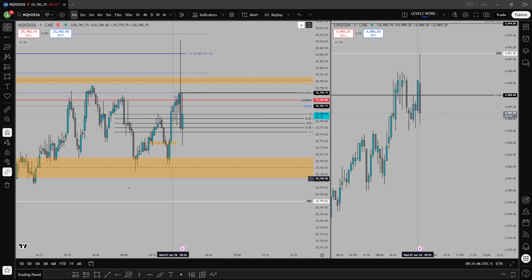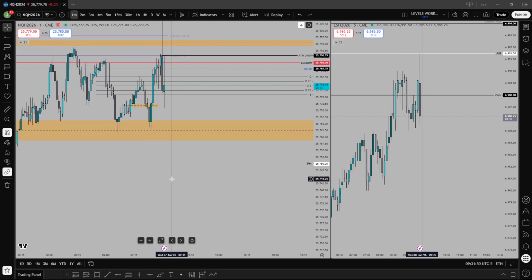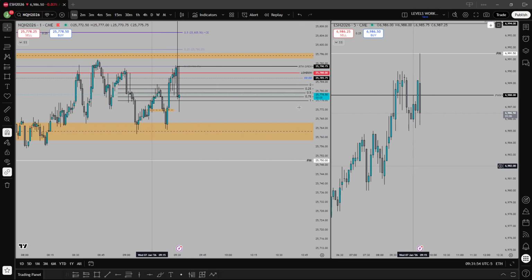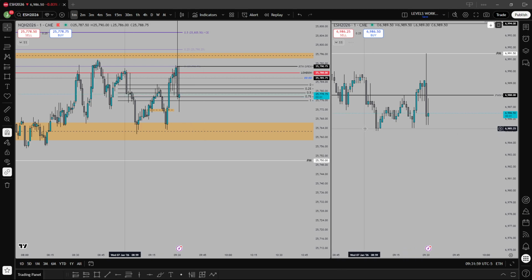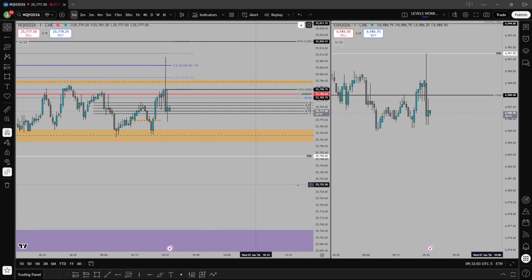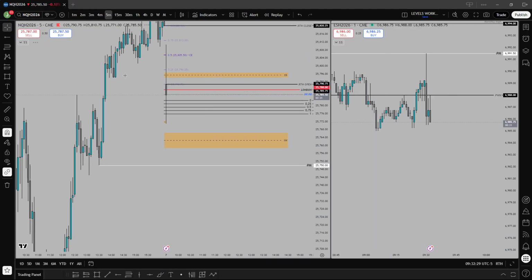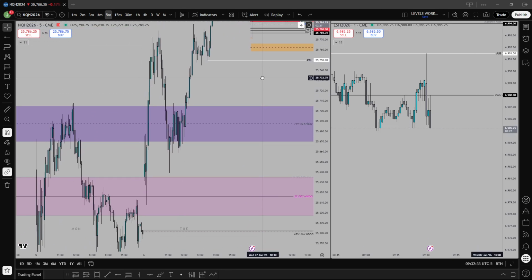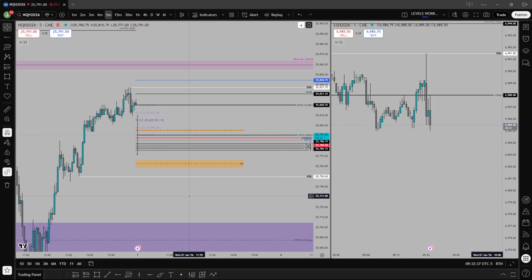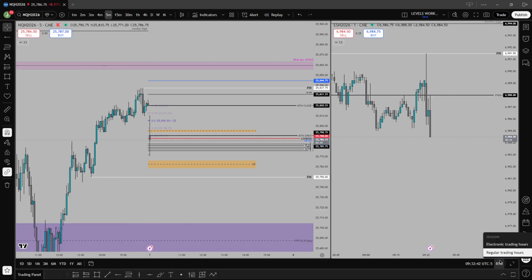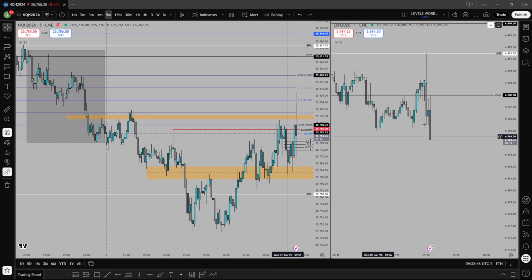I want to see price at least like tap these lows and this sell side. Yes, took these lows.